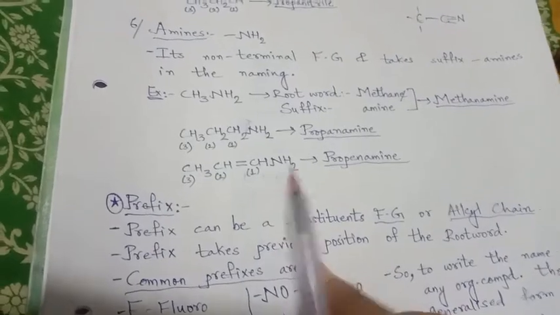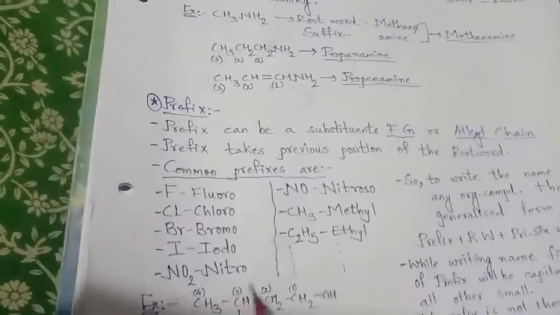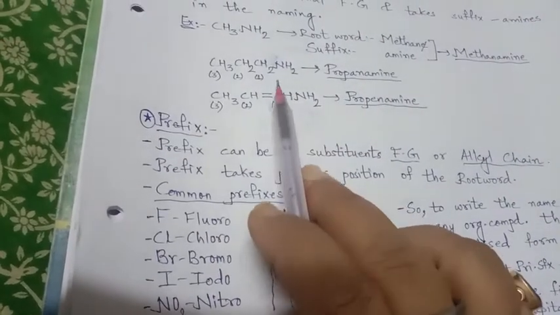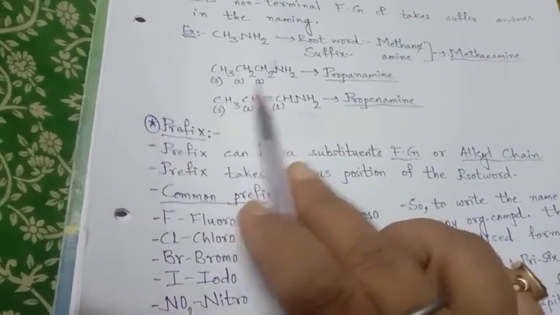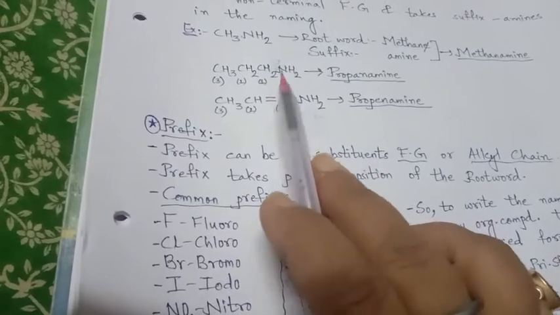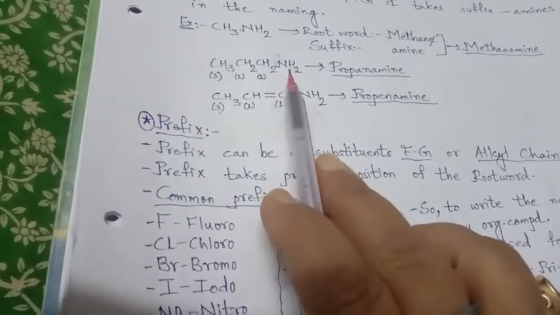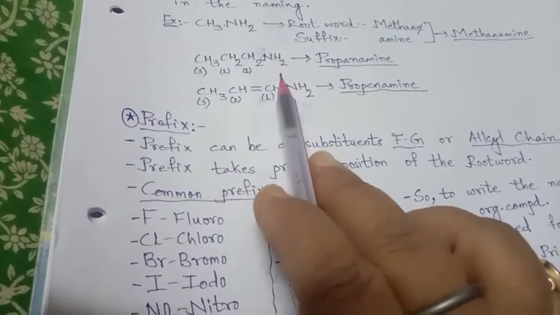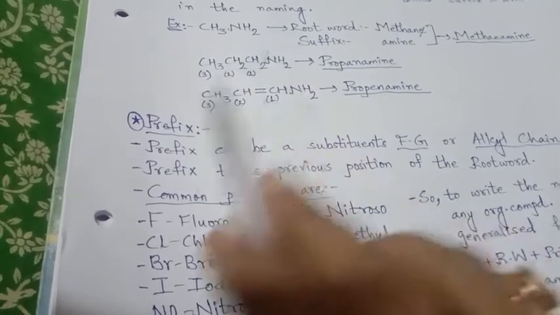Almost all the rules we are going to learn now in 11th standard. In 10th standard we learned a few, where to give number, this and that, but for that reason I am again and again telling that the numbering of carbon will be from or towards the functional group.